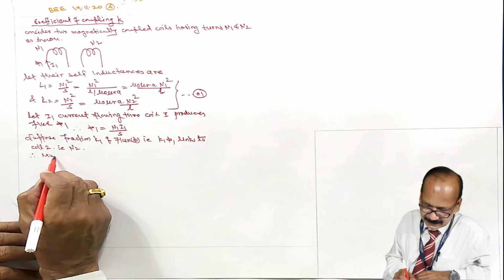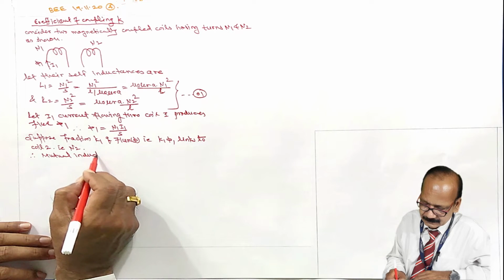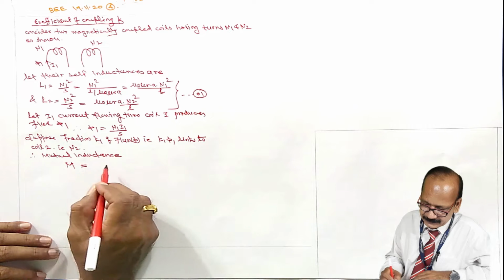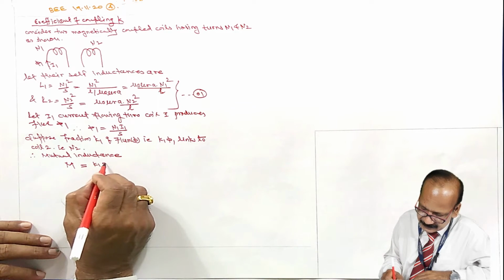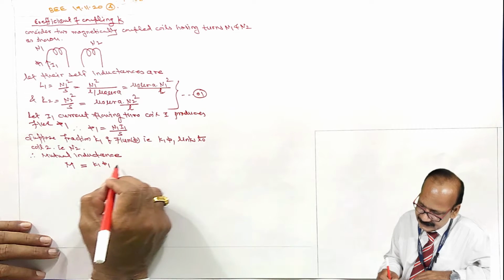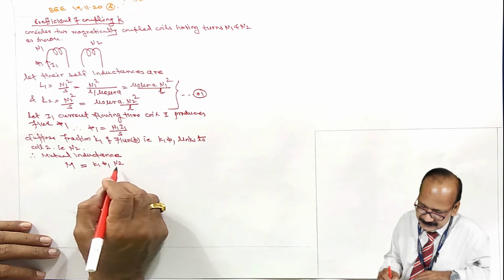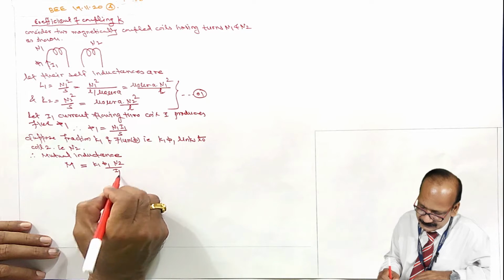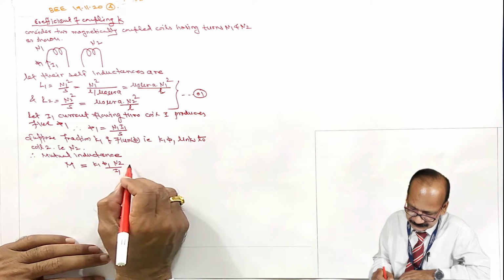Therefore, mutual inductance M equal to K1 phi 1, this links to N2, and this happens due to current I1. Now let us put the value of phi 1 here.